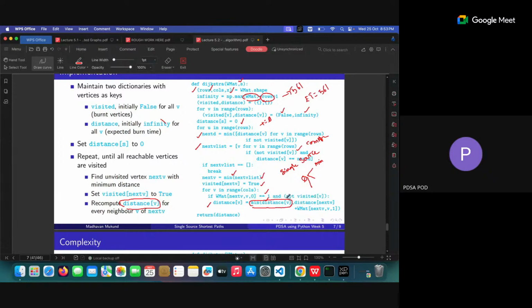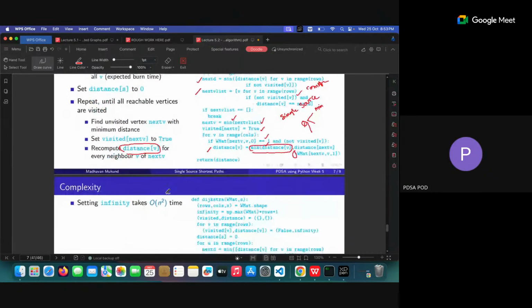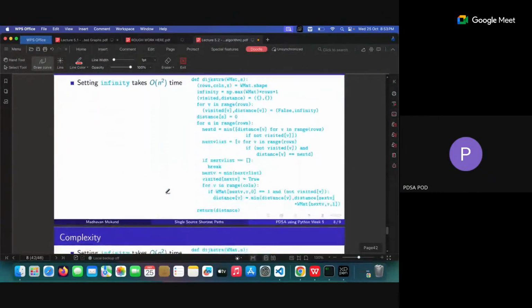The first parameter is the current distance minimum, and the next one is the next visiting distance, the weighted matrix of that particular next visiting one, making sure it is already visited. Whatever is visited and the current one, both of them are added, and in that we find the minimum. This is the recomputing procedure, how it really happens.